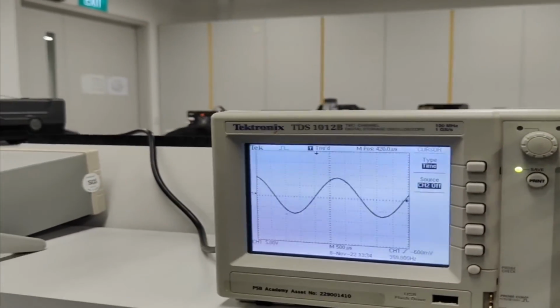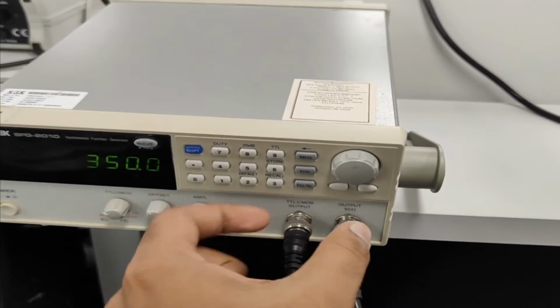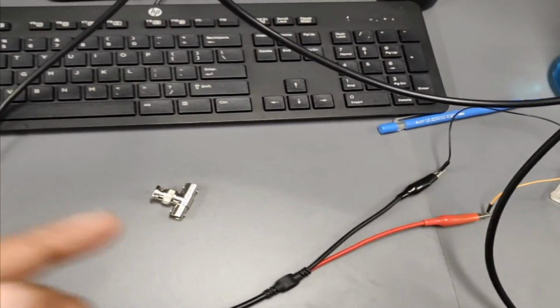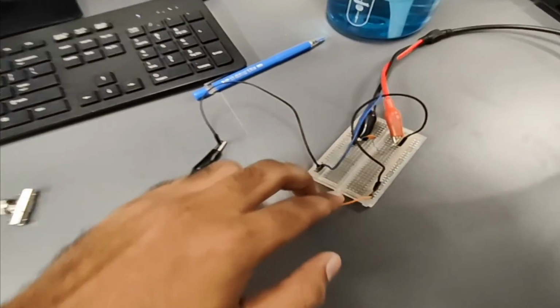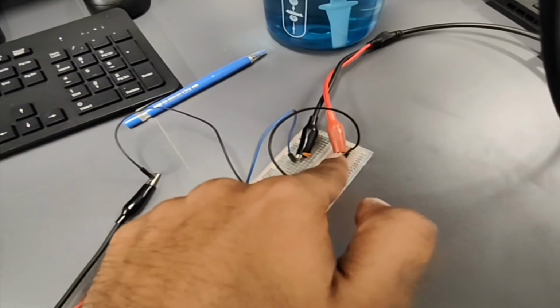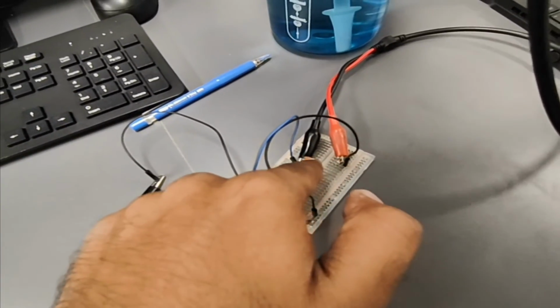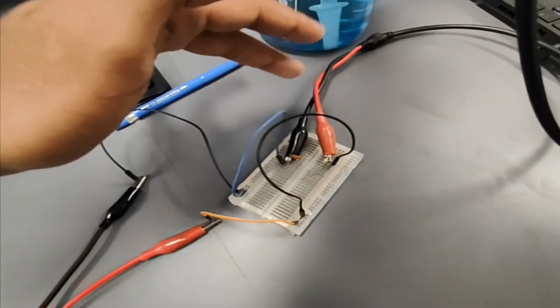So that's the circuit. I'll explain it. From the function generator output, the signal goes to the circuit, and the positive goes to the resistor, then from the resistor to the capacitor, and the ground connects to the capacitor. This is a low pass circuit.